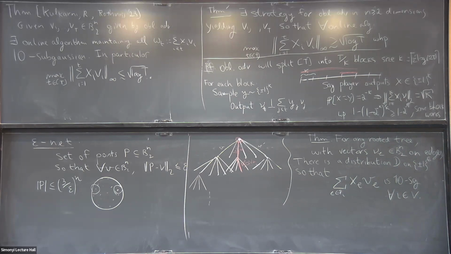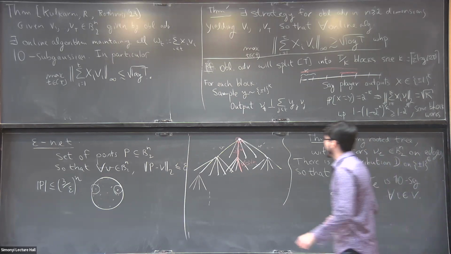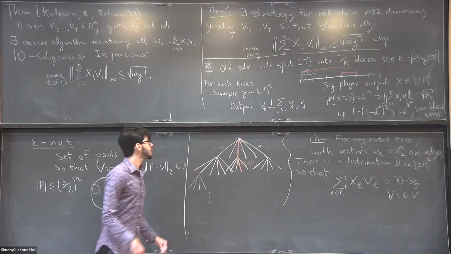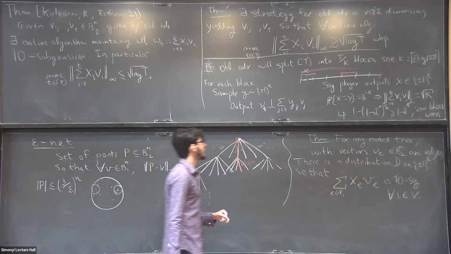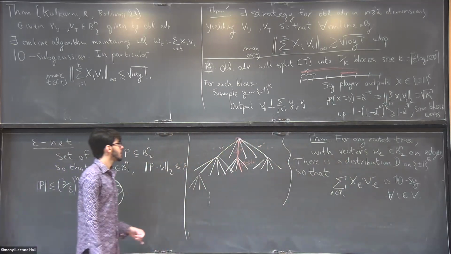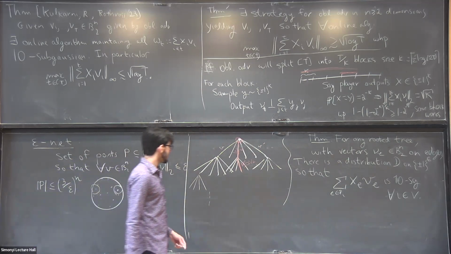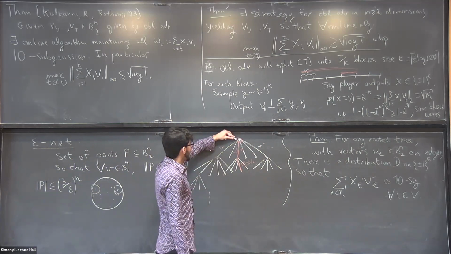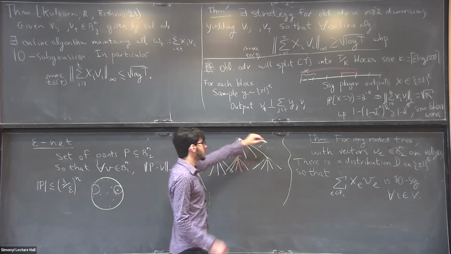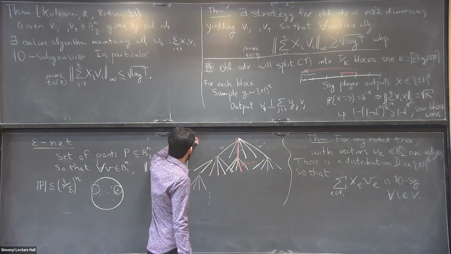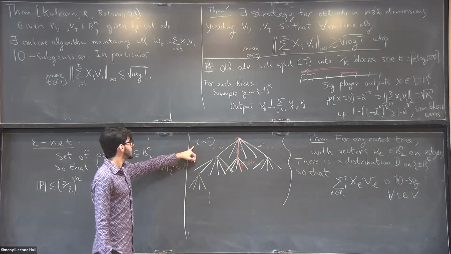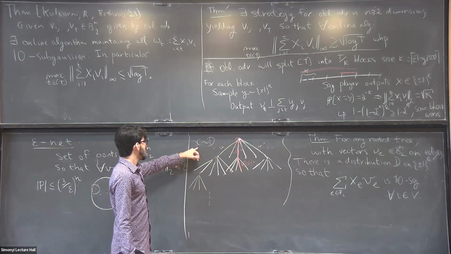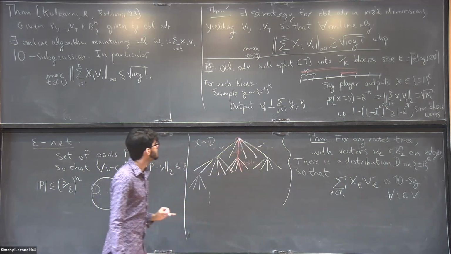So the point is that suppose such a distribution exists. At the beginning of time, I construct this tree, and I also construct this distribution on the signed vectors of my edges. And then what I do is I start at the root. I sample from this distribution. So I take some sample X from this distribution. X would be a vector that has a plus or minus one for each edge of my tree.